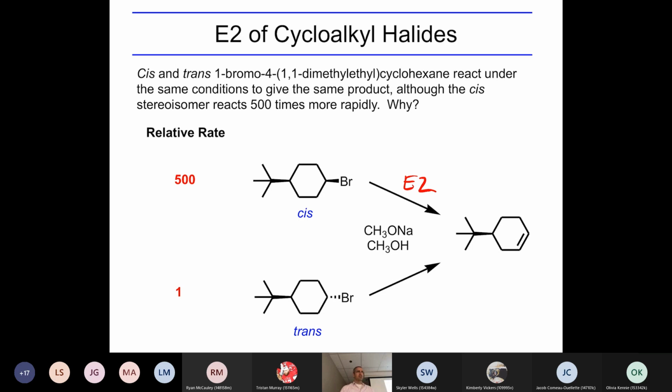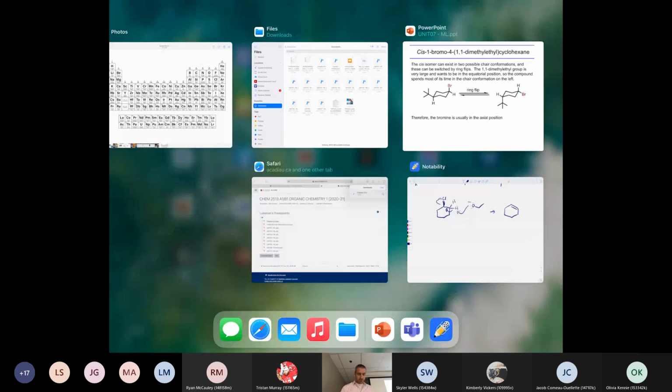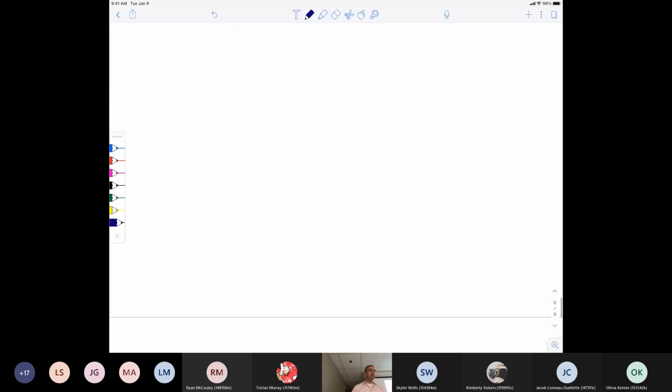Why is this? There's something specific about E2s that we haven't really discovered or talked about yet. And I'm going to come back to this just for a second to tell you what has to happen. For E2, let's say you have a leaving group and you have a structure that looks like this.